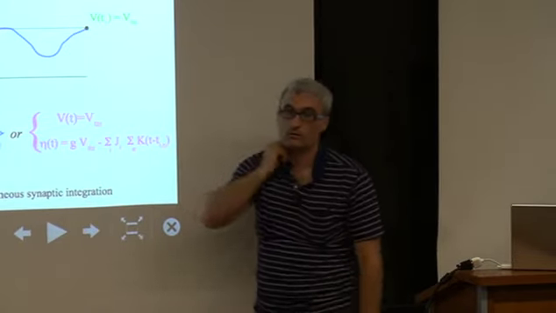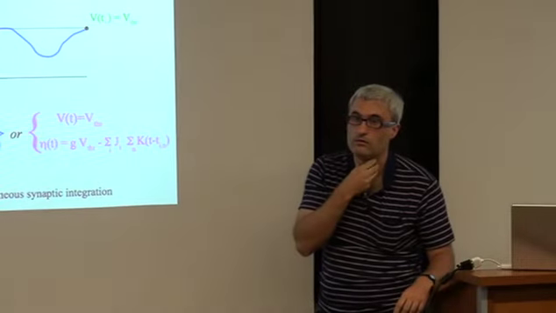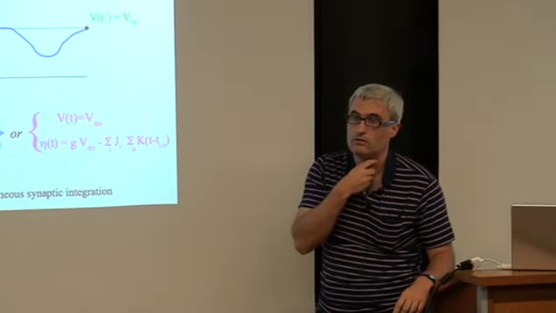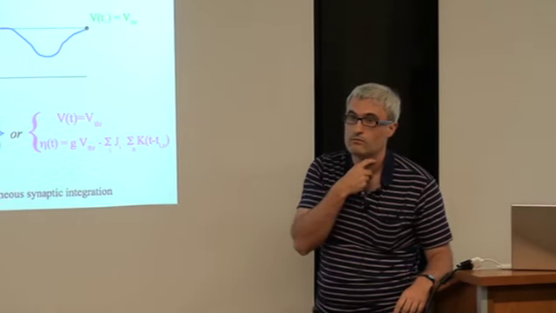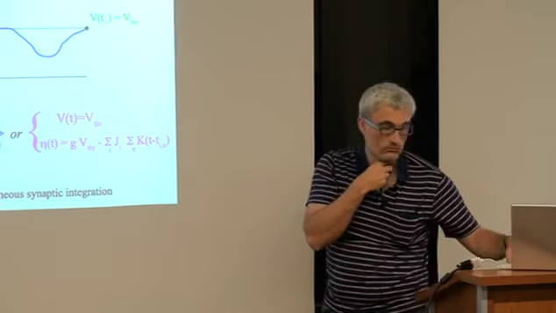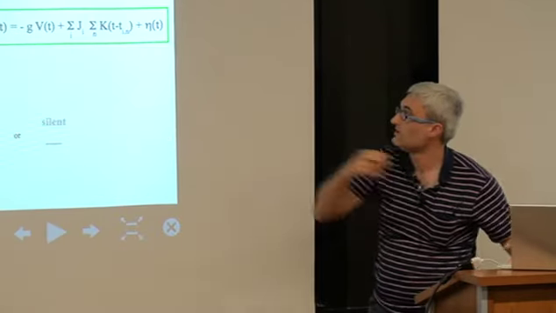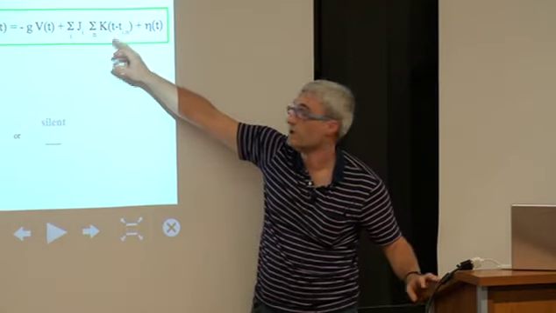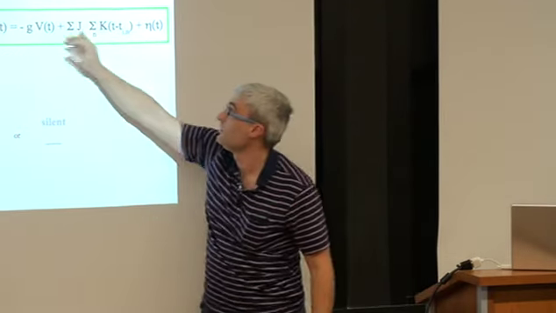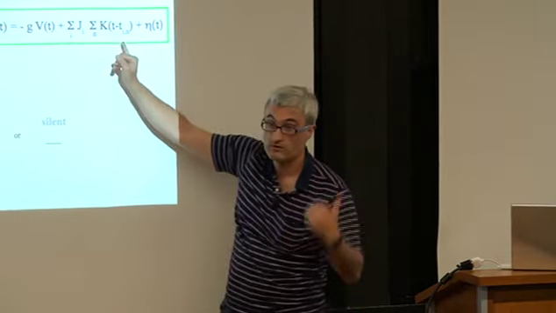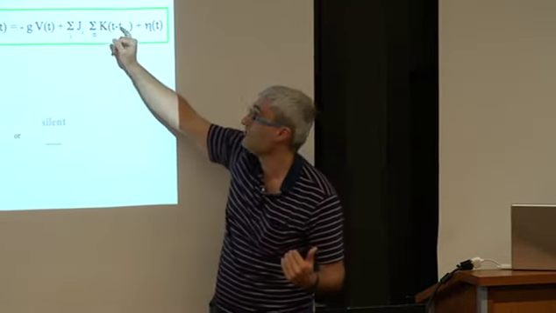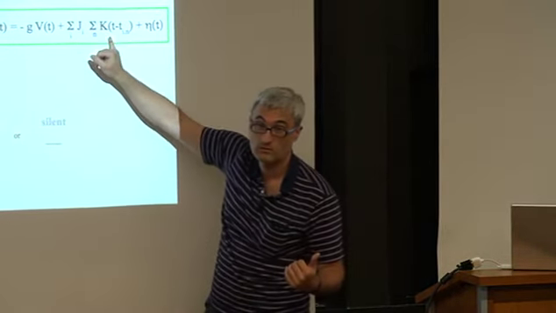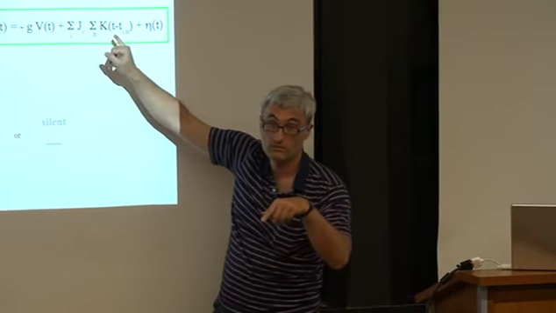I think it depends on the form of the equation. If it's highly nonlinear, you can have a very small deviation from the initial value. It's a linear equation of potential, but if you look at the potential of the other cells, they will enter in a very highly nonlinear way in this equation, through this threshold mechanism.